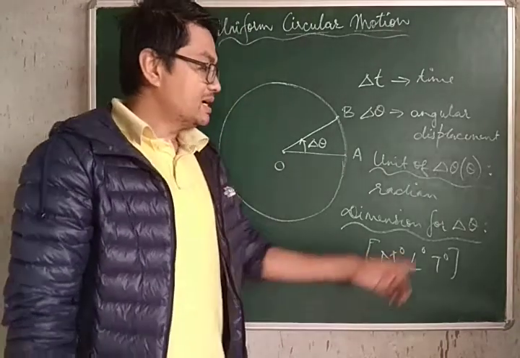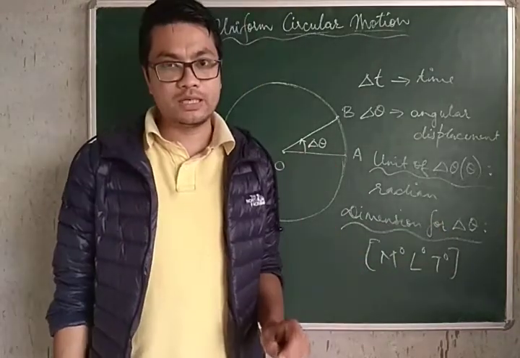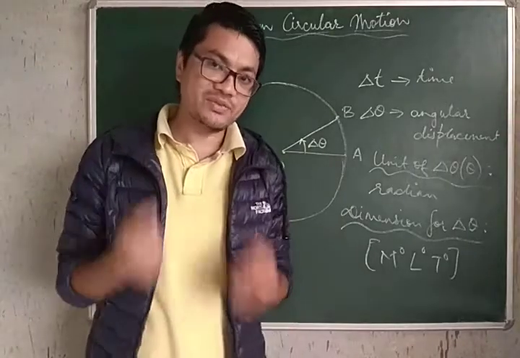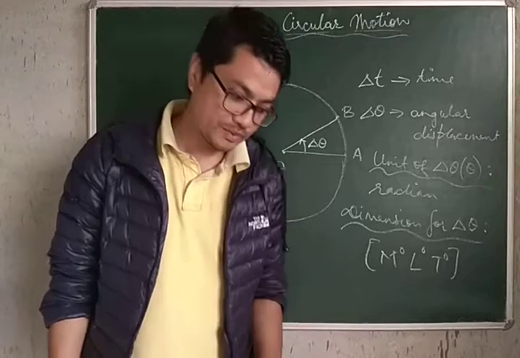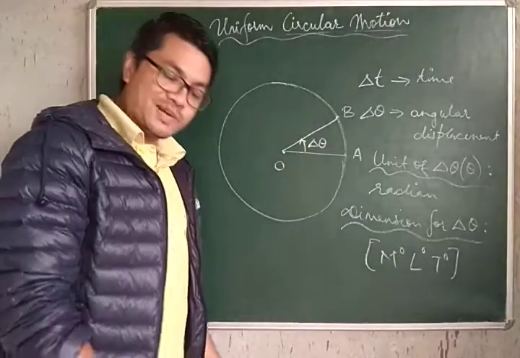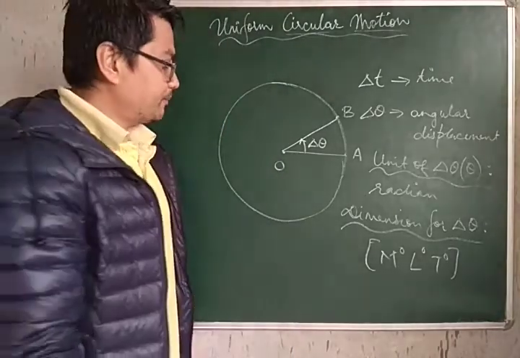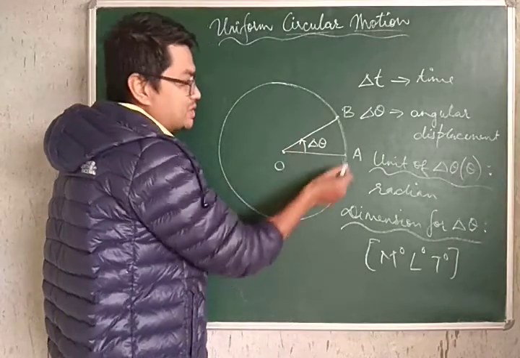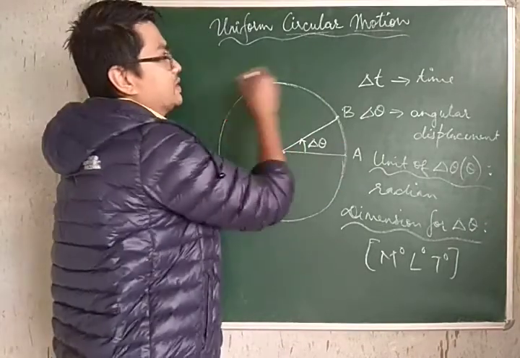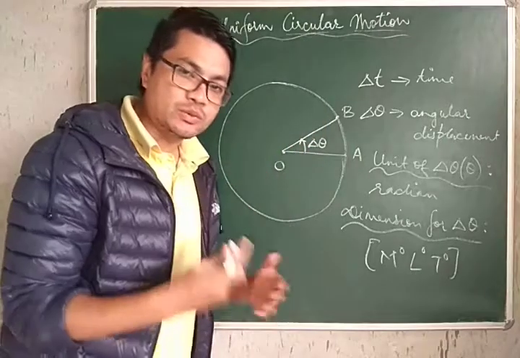And by the way, angular displacement is a vector. Like linear displacement is a vector quantity, angular displacement also is a vector quantity, remember. The direction of angular displacement will be perpendicular to the plane in which the circular motion is being executed.